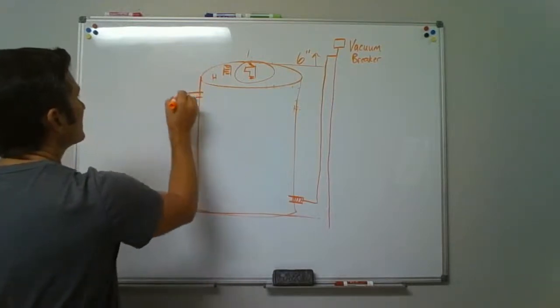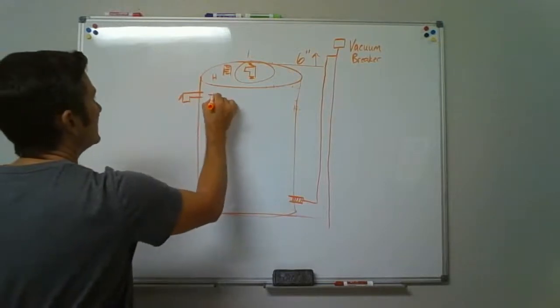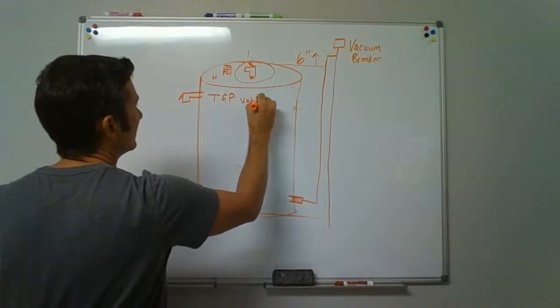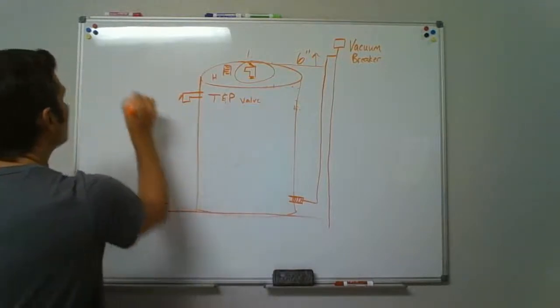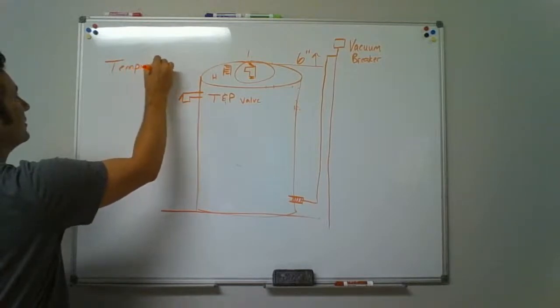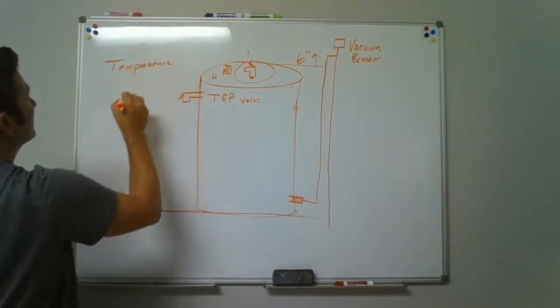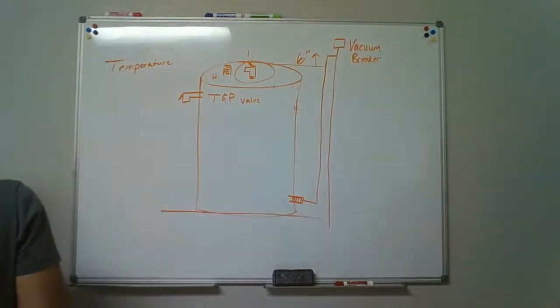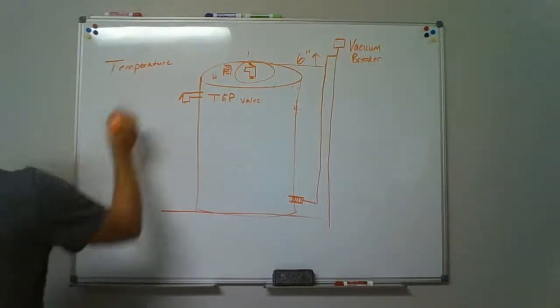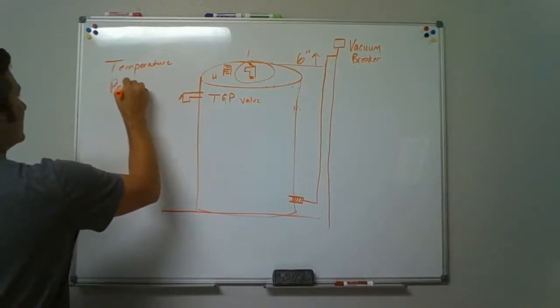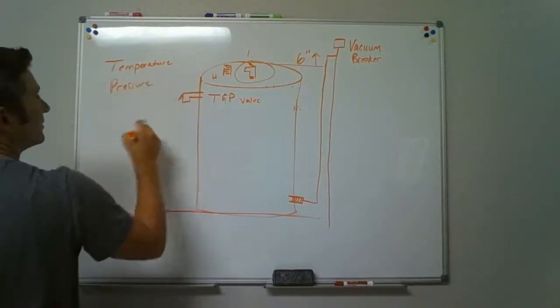Okay. This is called the T and P valve. T's for temperature. Boy, my spelling is horrible. T, temperature, and pressure relief.